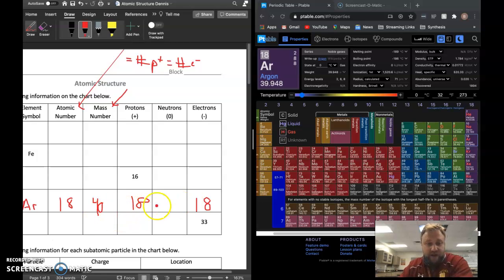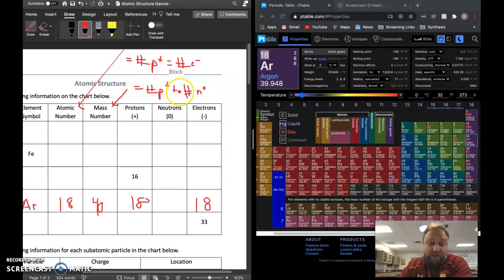So then, if I'm trying to figure out my number of neutrons, all I'm going to do is subtract my number of protons from it, because my mass number is equal to my number of protons plus my number of neutrons, which I use N0 as an abbreviation for.